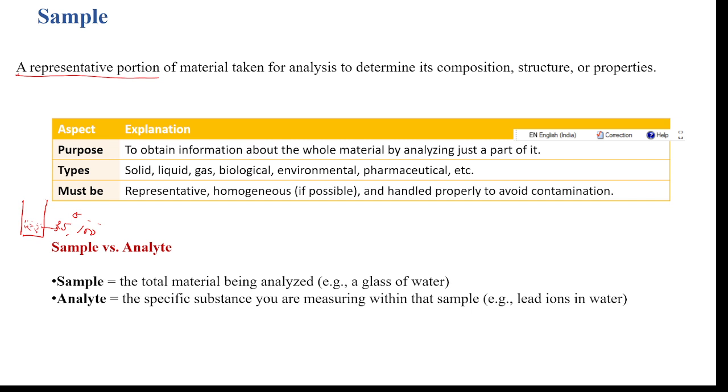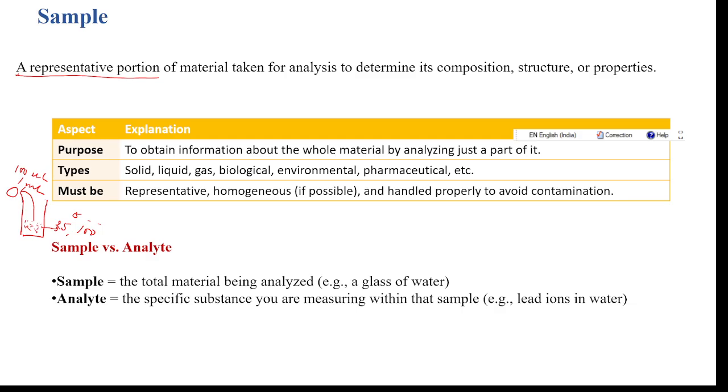So in that case, we only take a small portion of this bulk material, like either 100 microliter, 1 ml, etc., to analyze what is going on inside this reaction mixture. We only take a small portion.